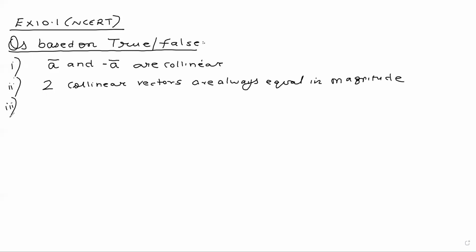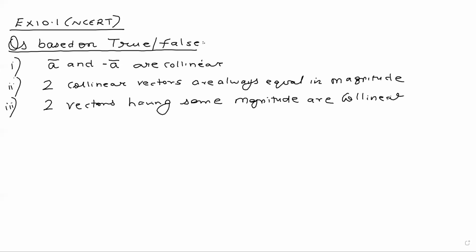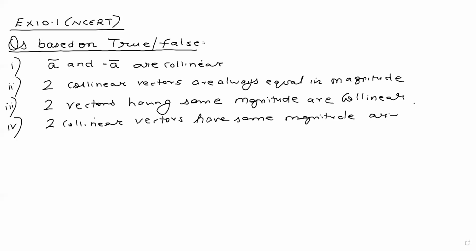Third point is two vectors having the same magnitude are collinear. And the last statement is two collinear vectors having the same magnitude are equal.